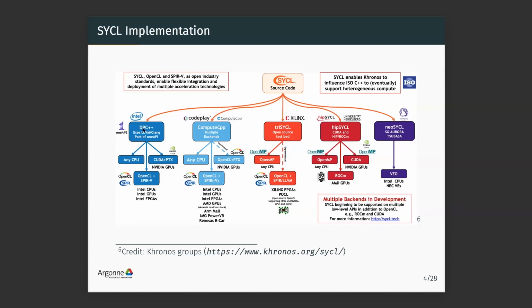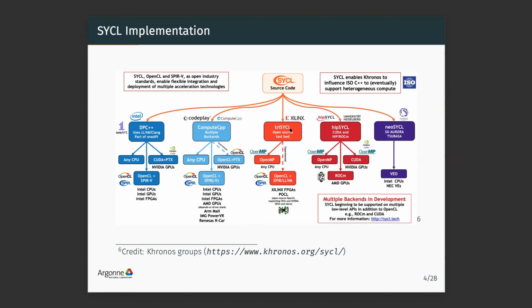You also have CodePlay, another company that did a lot of compiler development for SYCL. They can target really strange things, for example cars and everything. They also have an NVIDIA backend using OpenCL. You also have ZLink, 2c. I just mention 2c because it is the best name.